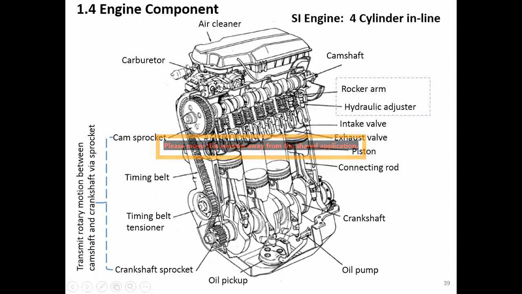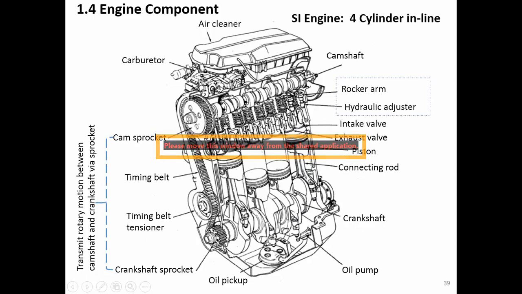Okay, and below here is the crankshaft, right? It's a shaft with the crank attached on the shaft, so it's called the crankshaft here. Okay, underneath the piston we have a connecting rod here, already mentioned. We have the exhaust valve, the intake valve, right? And the mechanism that moves the valve is the rocker arm and the hydraulic adjuster, right?